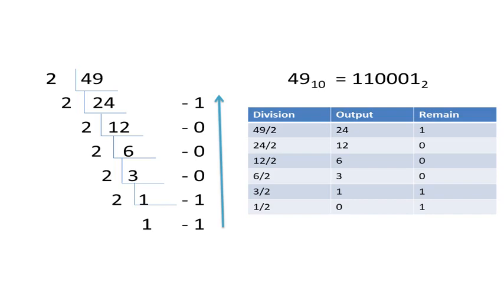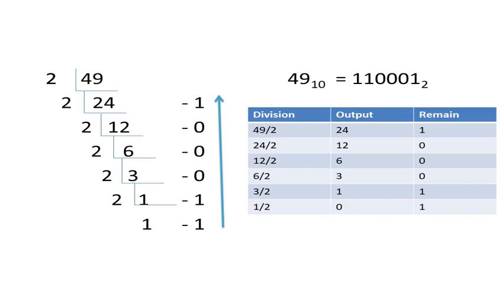49 in decimal format we convert into binary format. 49 divided by 2, the answer is 24, remaining 1. 24 divided by 2, the answer is 12, remaining 0. 12 divided by 2, the answer is 6, remaining 0. 6 divided by 2, the answer is 3, remaining 0.